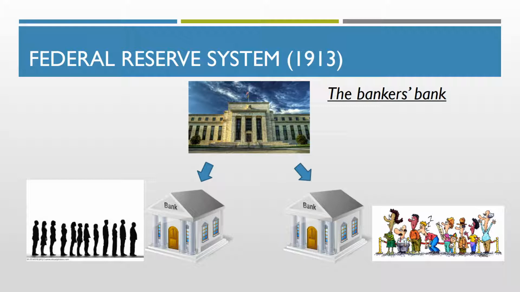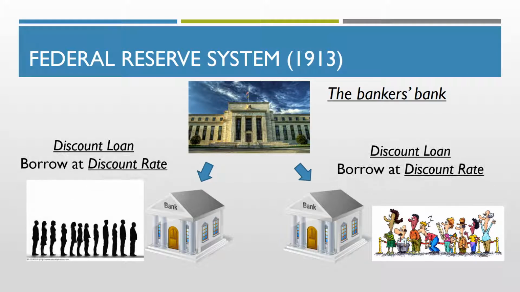We sometimes call this a banker's bank, and we also call this the Federal Reserve Bank, which is the lender of last resort for all the commercial banks in the country. So the idea is to have this Federal Reserve System to back up all the commercial banks in the country.